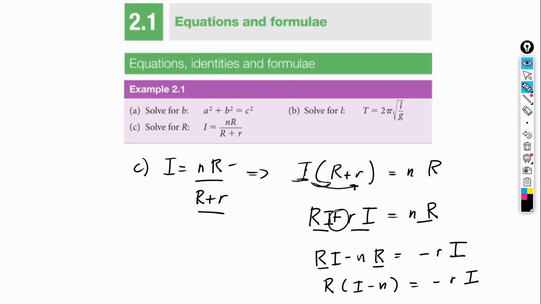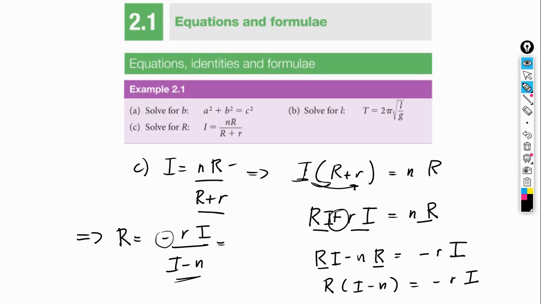And then finally, we're going to do the last step here. R is going to equal minus small r times I over I minus n. And in some textbooks, you might see that they rearrange this in order to get rid of this negative. So how can you do that? Well, you can put a negative in front of this and switch the signs around here on the bottom. So let's do that here.